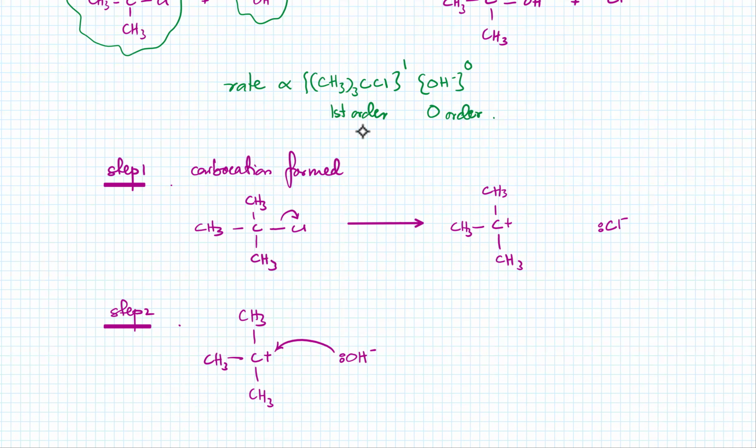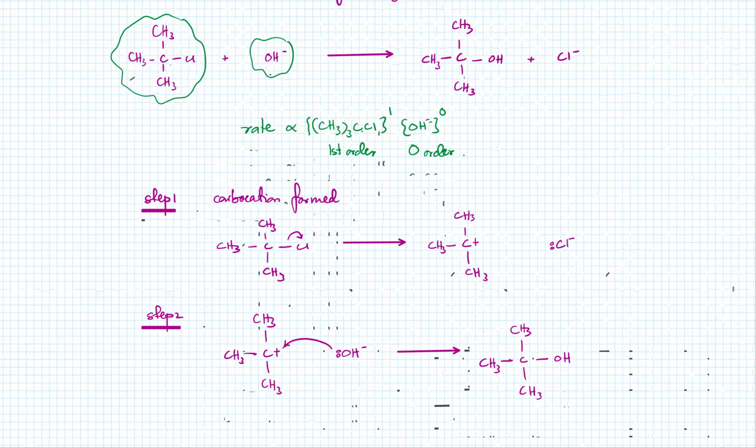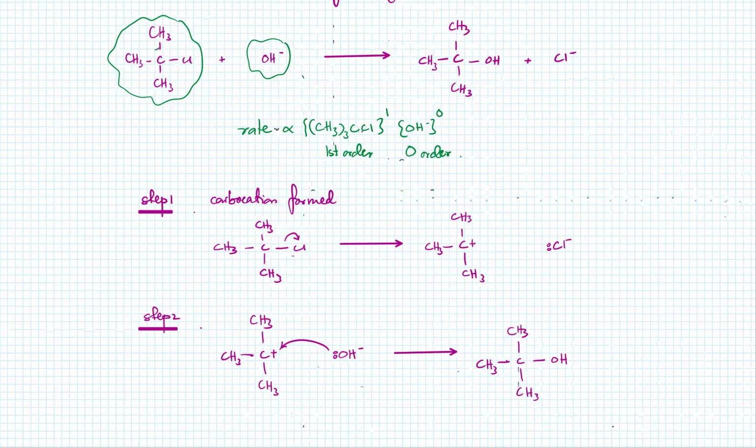The OH ion comes in and binds with the carbocation, forming the alcohol. So that's your whole process. It's a two-step reaction.